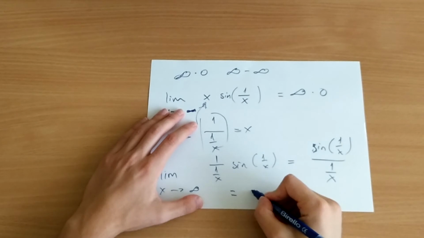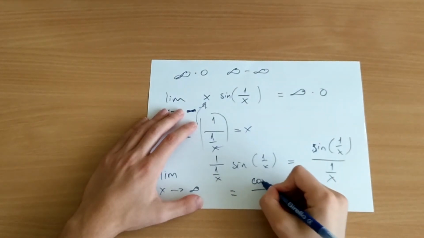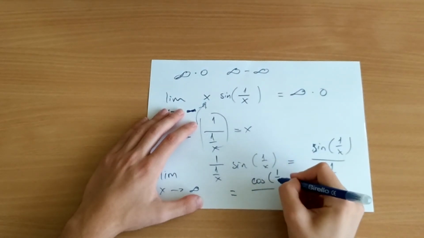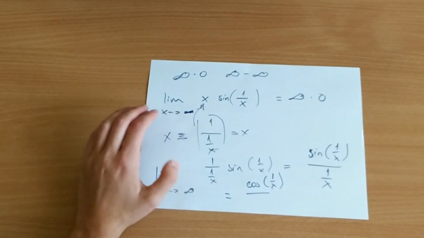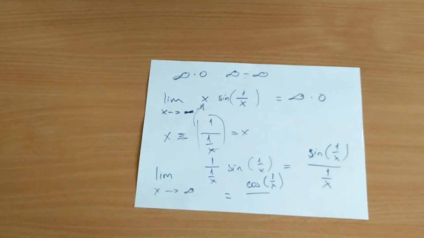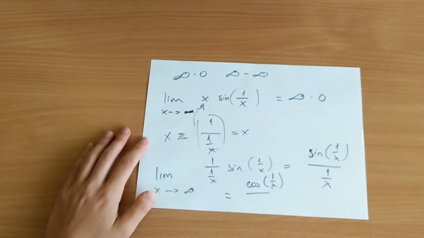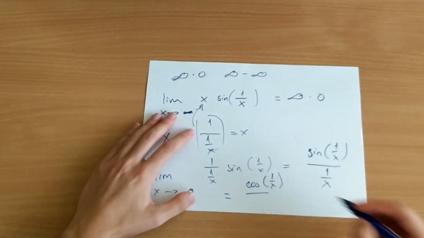is equal to cosine of 1 over x, and here we want to use the chain rule, and the derivative of 1 over x will be equal to minus 1 over x squared. Is that right? Yes.